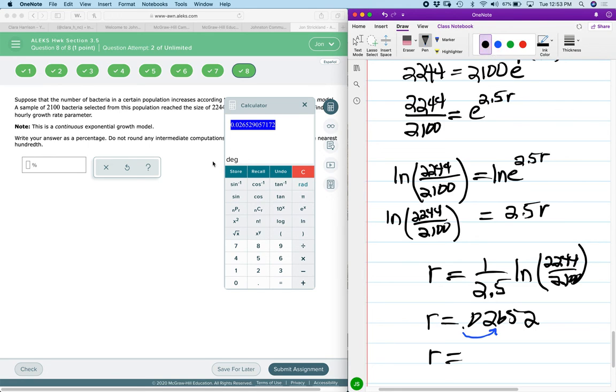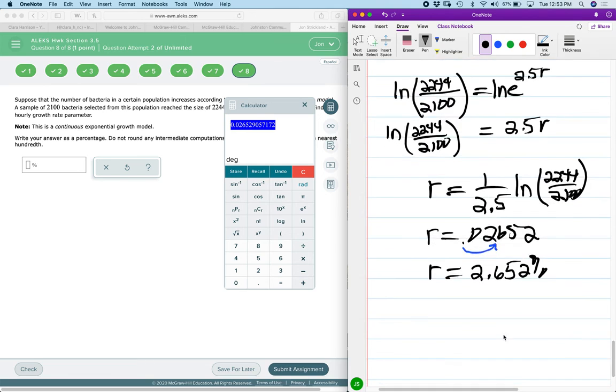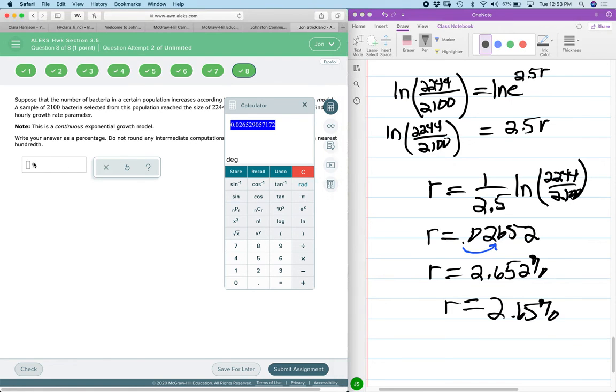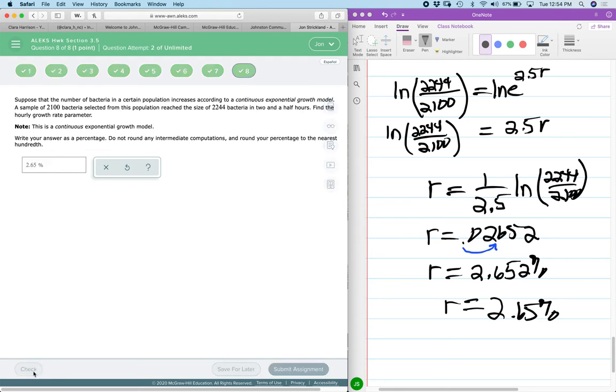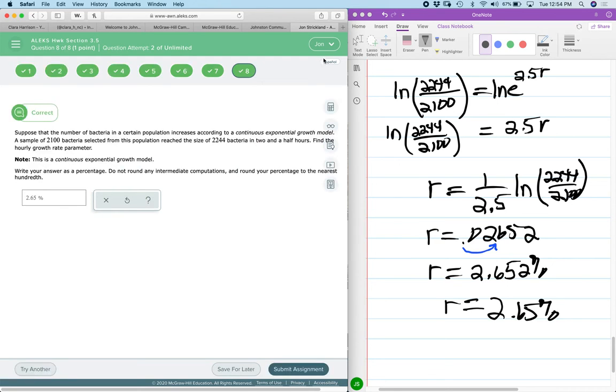If I round to the nearest hundredth of a percent, 2.652% to the nearest hundredth is right at 2.65%. So applying what we have, 2.65 for the percentage amount, and upon checking, the final result is correct.